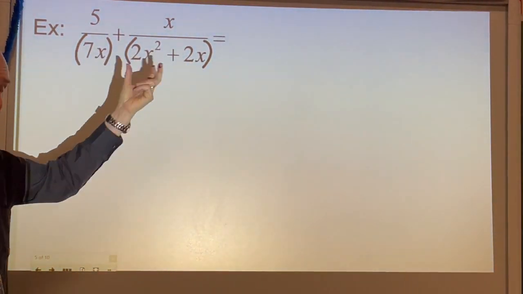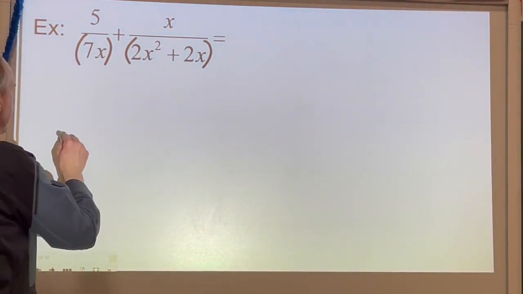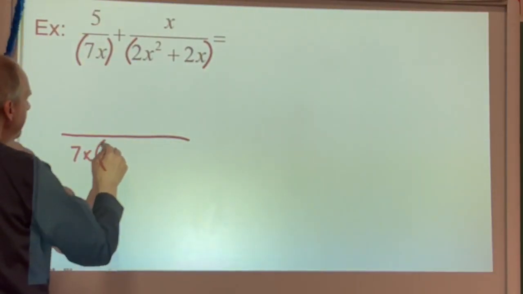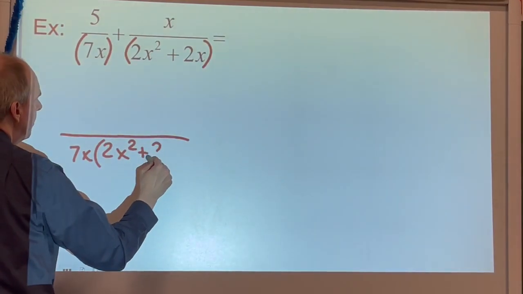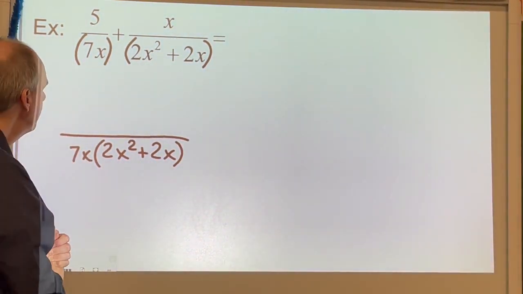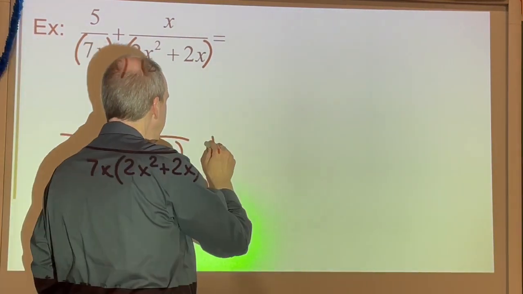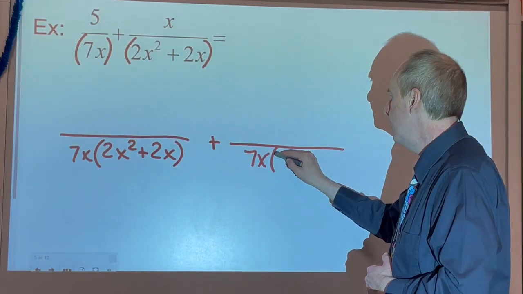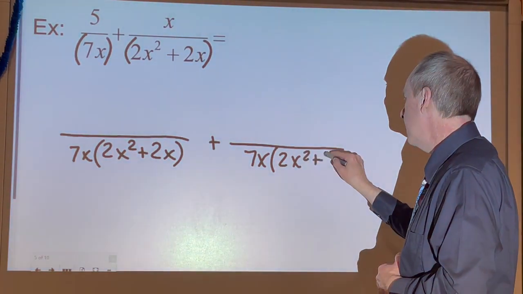This times this will be our new denominator. So we have 7x times 2x squared plus 2x. That's our new common denominator. So each fraction will have that new common denominator.